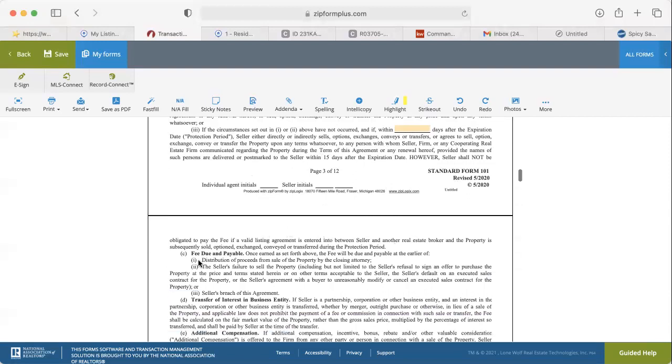If the seller has listed it with another firm, then you're out of luck. ABC Realty just doesn't get paid. Nancy could go and negotiate an offer, and the new firm that had it listed would be the firm to be paid. Questions on that?